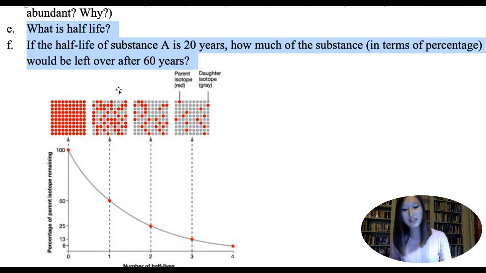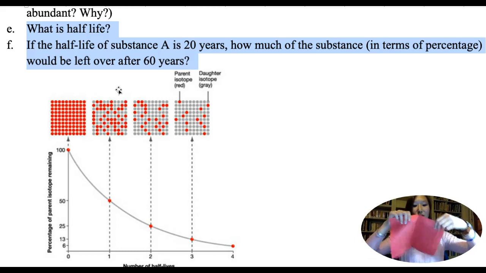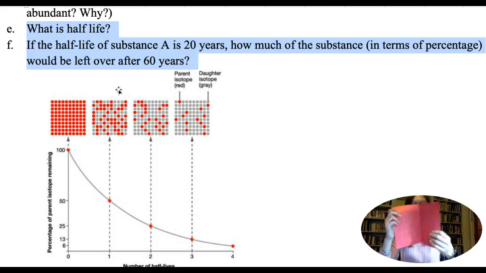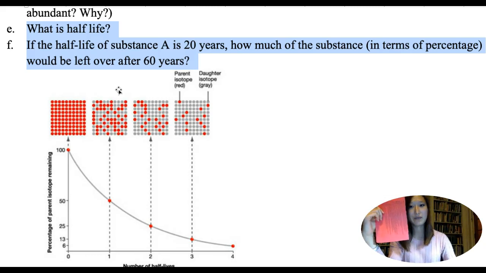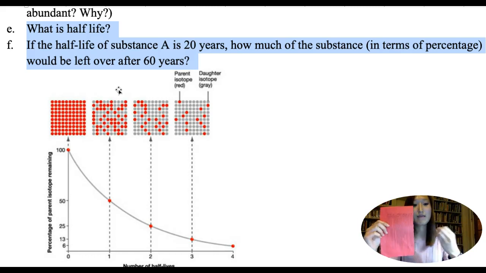This means after one half-life, 5 seconds, half of the total amount is just going to be gone, right? So now you only have 50% left after one half-life. So half-life is literally the amount of time it takes for half of the radioactive isotopes to go through radioactive decay and become a different type of element, okay?